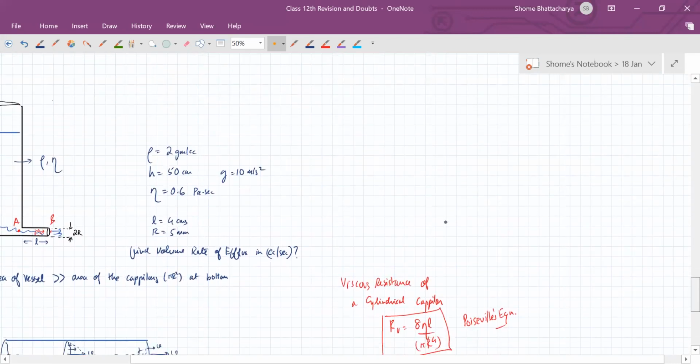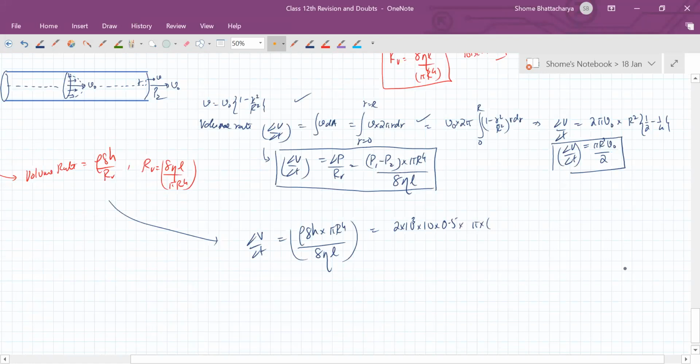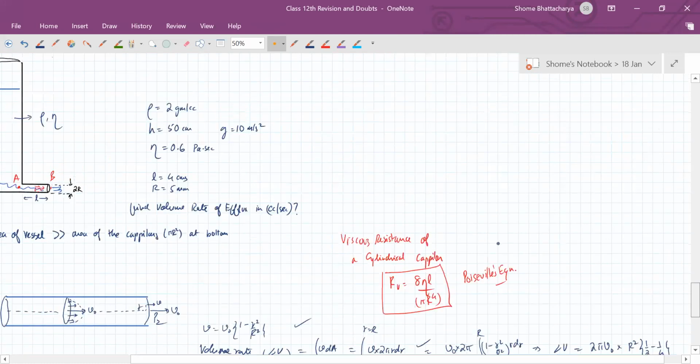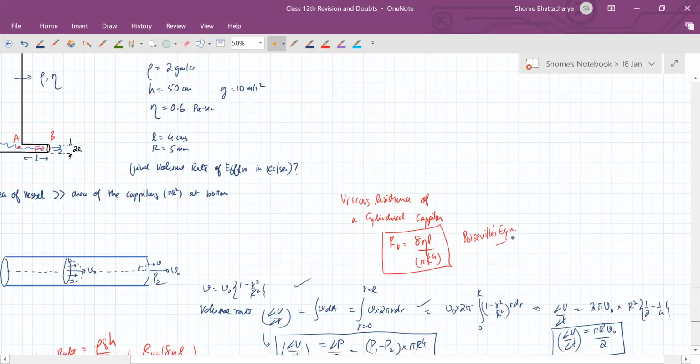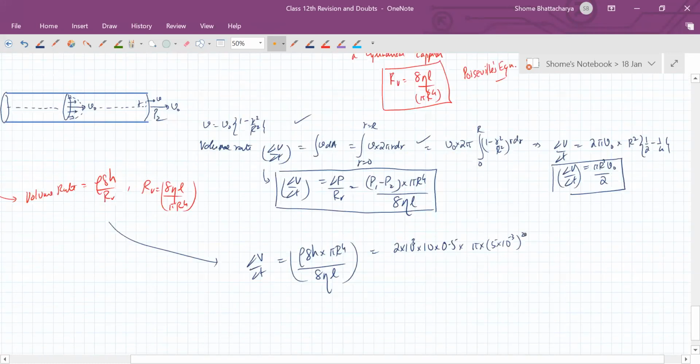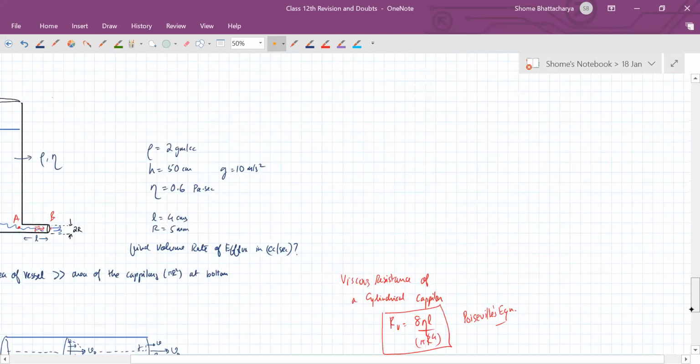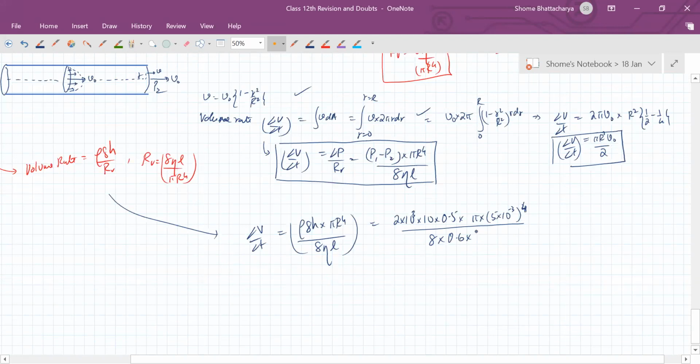So this will give us a volume rate in meter cube per second.